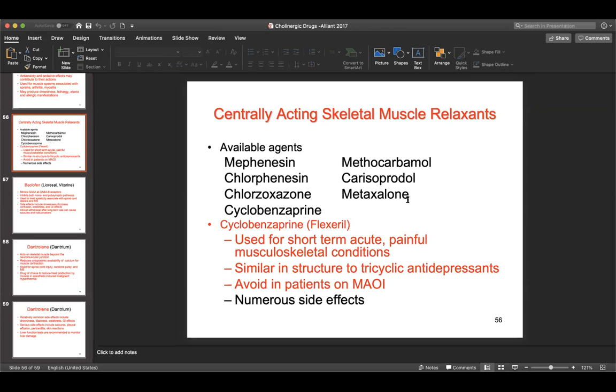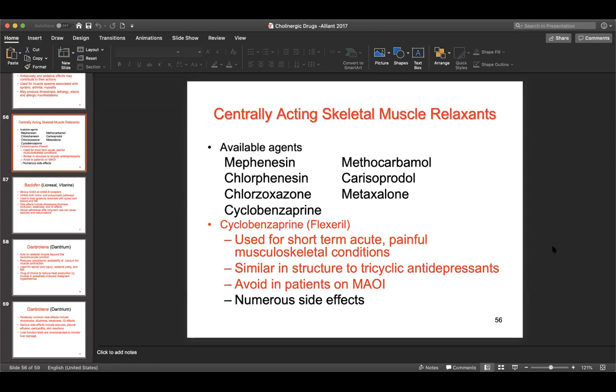One of the big issues we have to be aware of is that these muscle relaxants can produce greater CNS depression with other CNS depressants. So that's one of the big things you're dealing with.